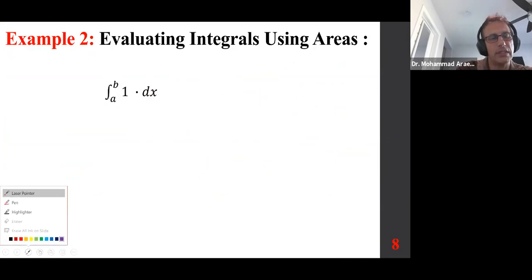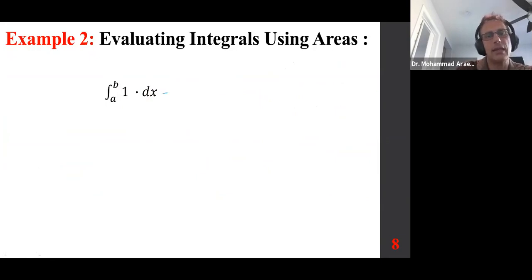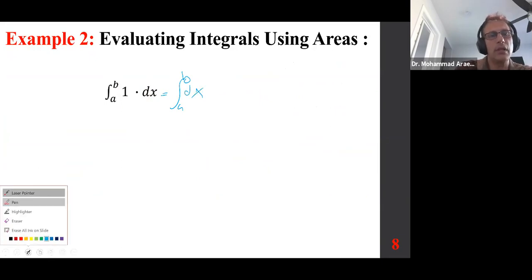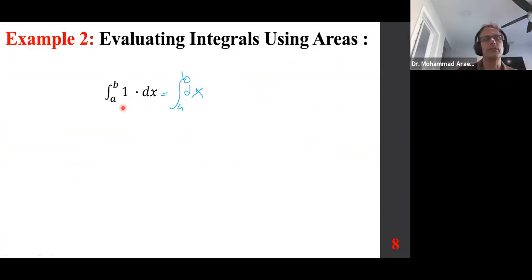It's obviously the same as saying the integral of a to b dx. However, by putting 1 times, we are showing the reader this is f of x. So y or f of x equals 1 is a horizontal line, and we're going to draw that over the course of a to b.